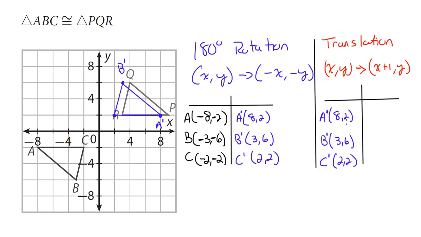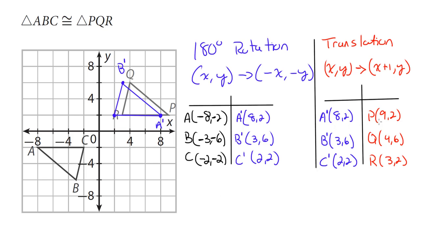So if A prime is at 8, comma, 2, then A double prime, or in this case P, is at 9, comma, 2. And if B prime is at 3, comma, 6, then B double prime or Q is at 4, comma, 6. And C double prime or R is at 3, comma, 2.